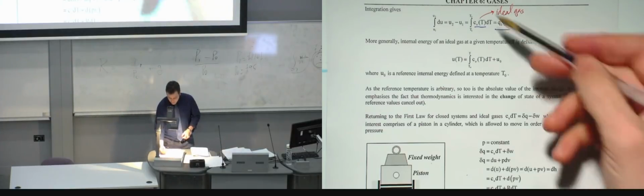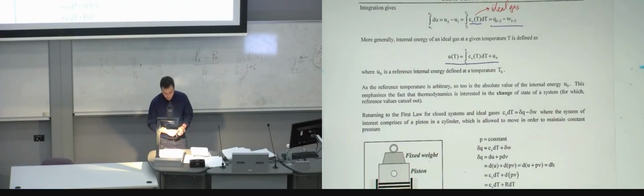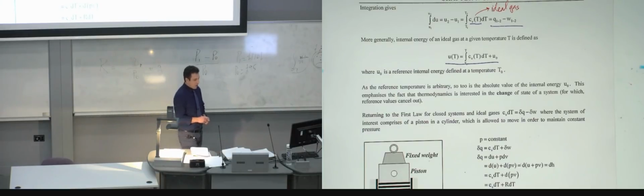And more generally, you could write this equation, if you have a certain temperature, in this form by using U0 and T0, which define the reference internal energy or the reference temperature. Why would we do that?